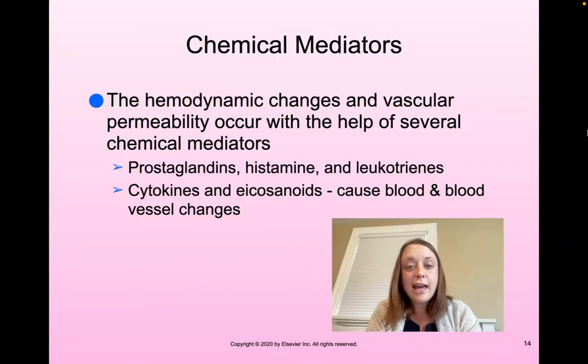Those changes in the capillaries are caused by certain chemical mediators. The capillaries dilate, bring more blood there, and become more permeable, and this all happens because of the release of different chemicals like prostaglandins, histamine, leukotrienes, and also cytokines and eicosanoids, and those in particular are what cause the blood vessel changes in those areas.